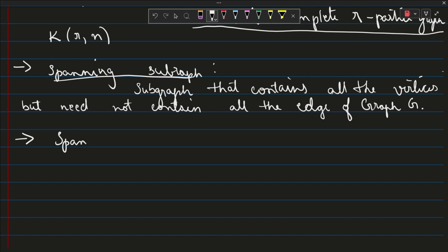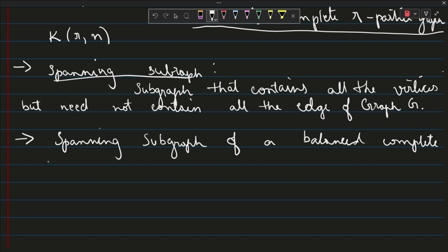So a spanning subgraph of a balanced complete R-partite graph is called a balanced R-partite graph.